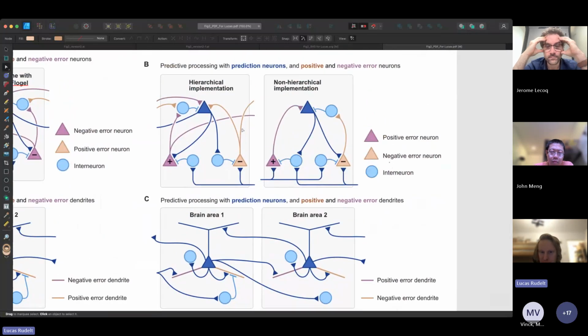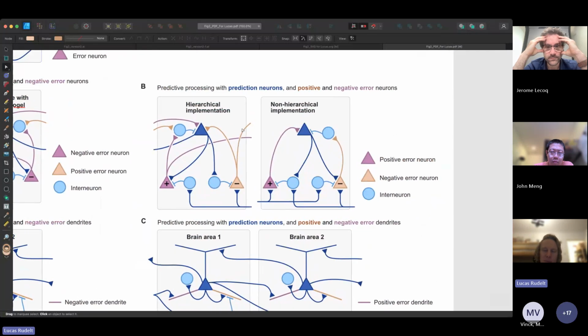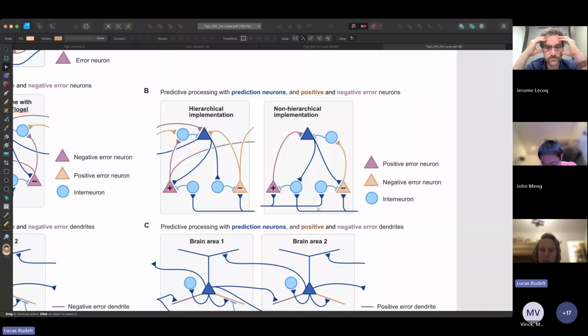Yeah, and then one last thing that I added in this version is something that they depict in their circuit: top-down predictions also essentially predict bottom-up input, which I guess is why they call this non-hierarchical, because it's kind of skipping a layer in that hierarchy.